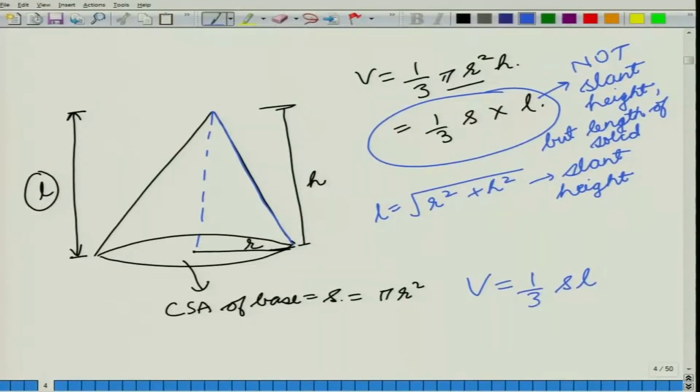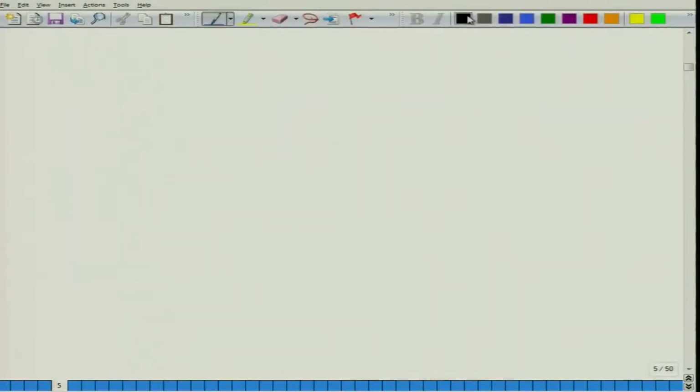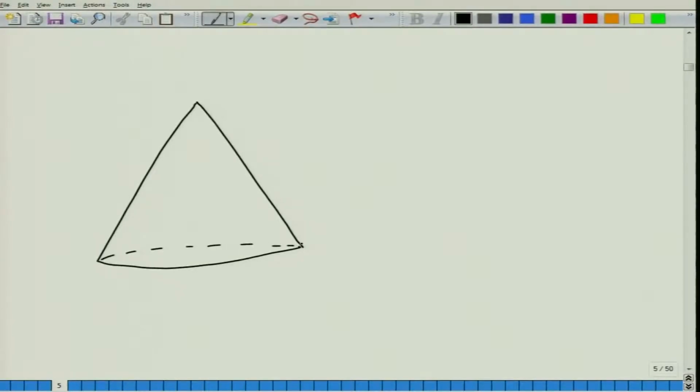Now, what will be the volume of a frustum of a cone? So, what is the frustum of a cone? If we draw a cone again, and we take a section here, the top again is a cone, but this portion is the frustum of a cone.